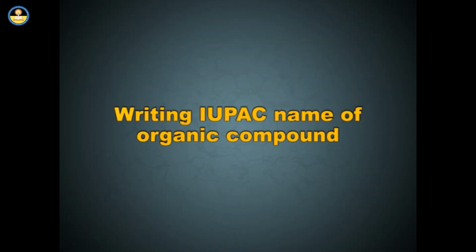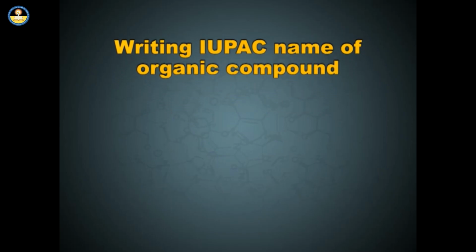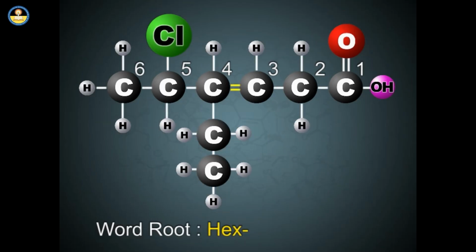Writing IUPAC name of organic compound. Let us analyze an organic compound shown on screen. Let's select longest carbon chain in it. It has C6 carbon atoms in its longest chain. Word root is hex.